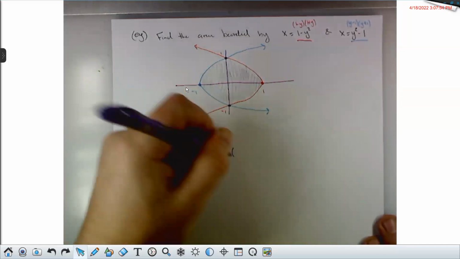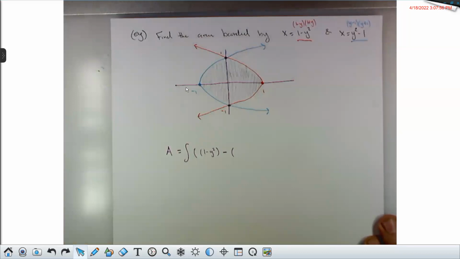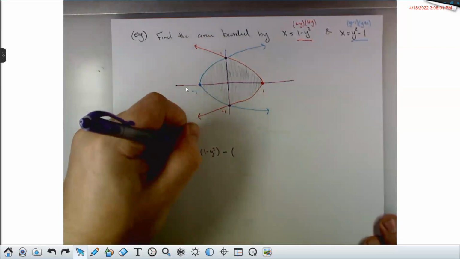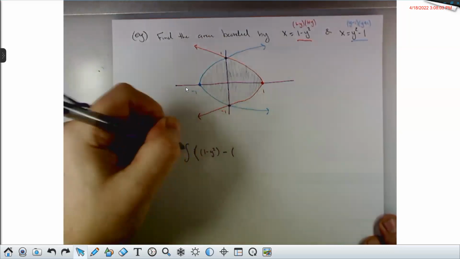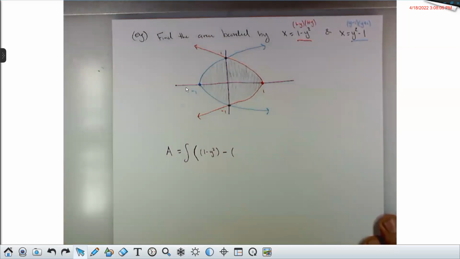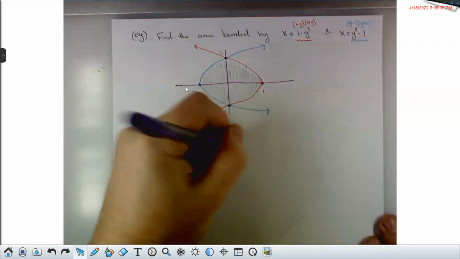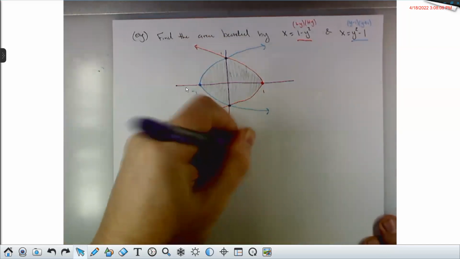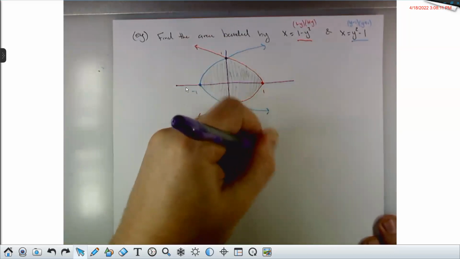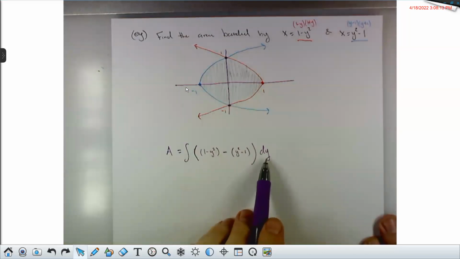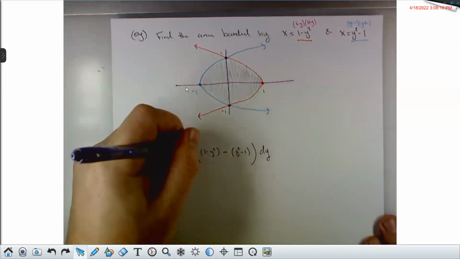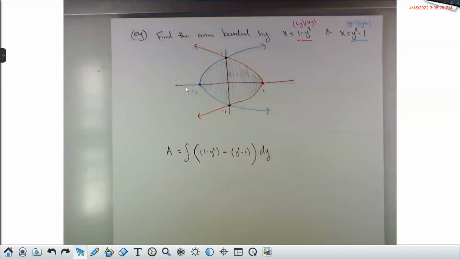And I need to subtract from that the left function, which would be y squared minus 1. Very good. And this is done dy. Remember, always write your differentials at the end here. I will have to take off points if you get sloppy and leave those off on the test. So please always write those.